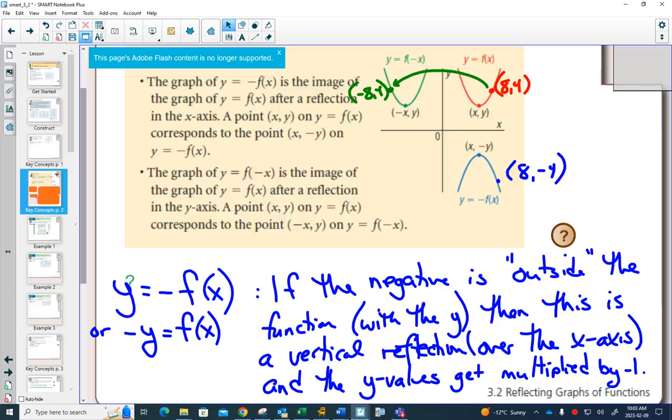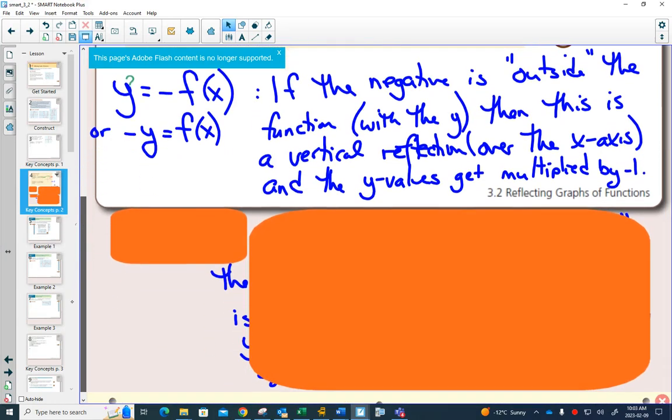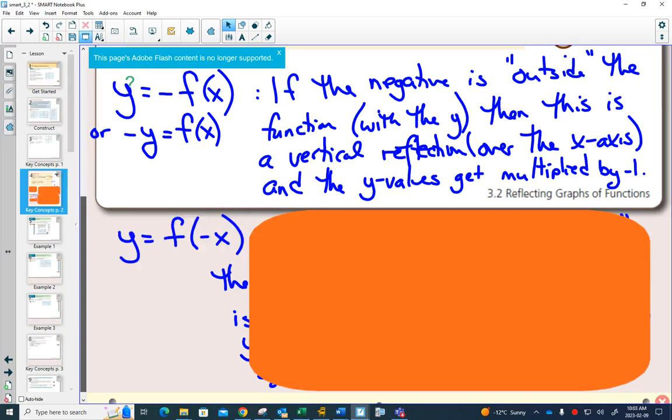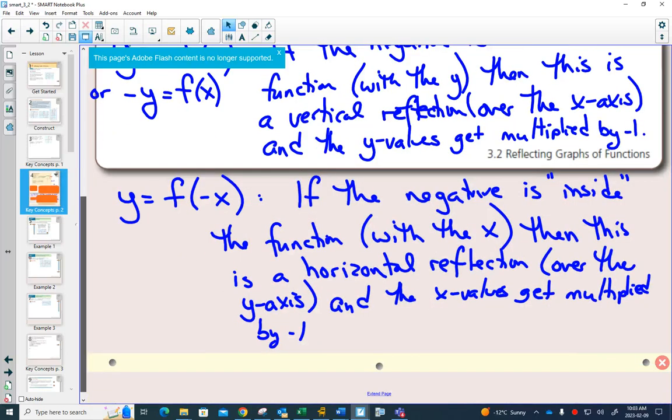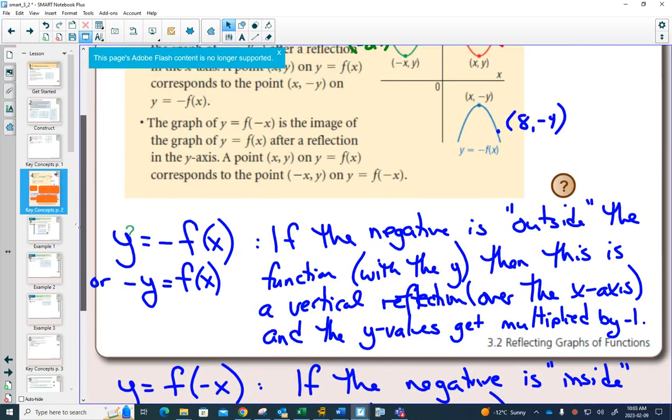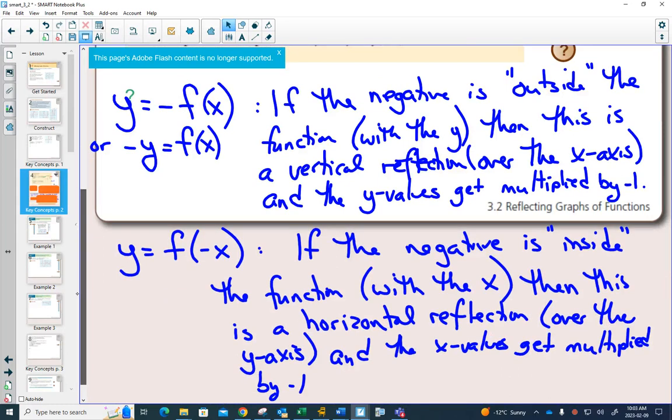And then after this, we'll also write some notes on the negative on the inside of the function. So if the negative is inside the function, in other words, that negative is with the x value, that would be a horizontal reflection.